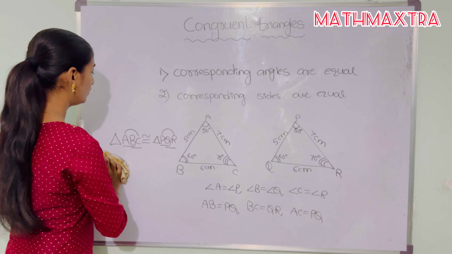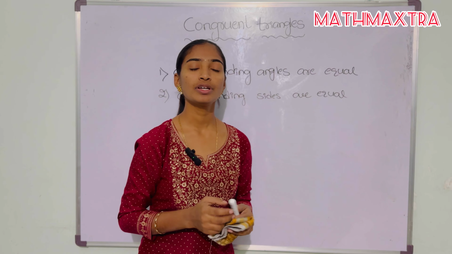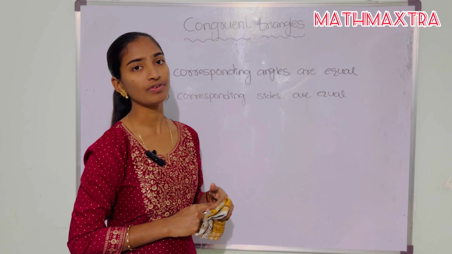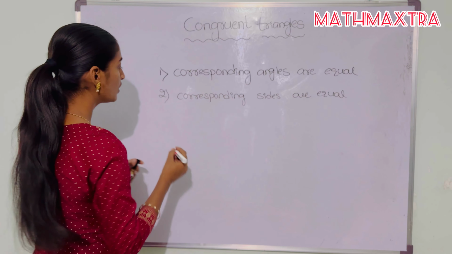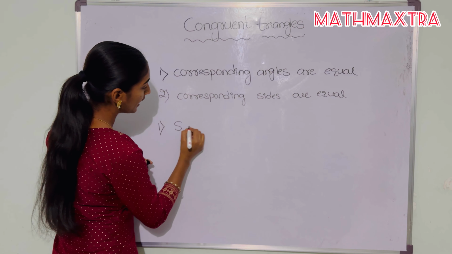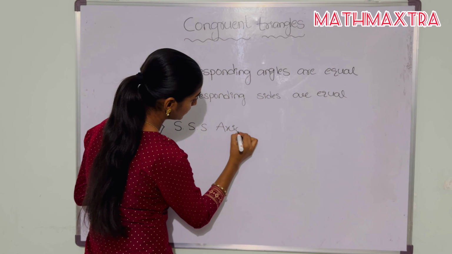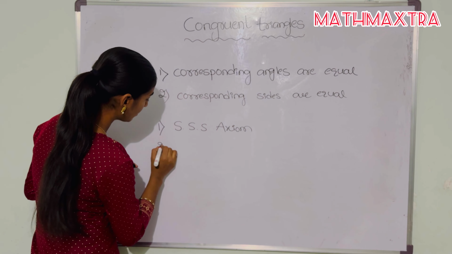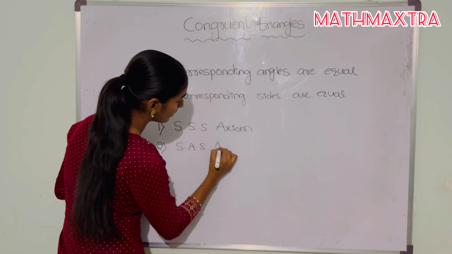Okay. Now, there are some sufficient conditions to check the congruency of triangles. See, what are those sufficient conditions? Those we call axioms of triangles. That is side, side, side axiom. The second one is side, angle, side axiom.